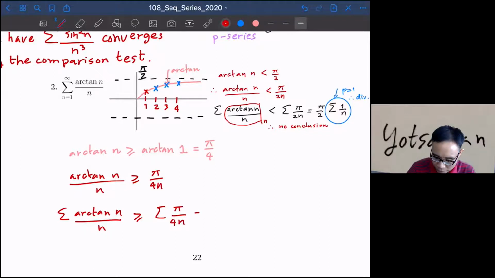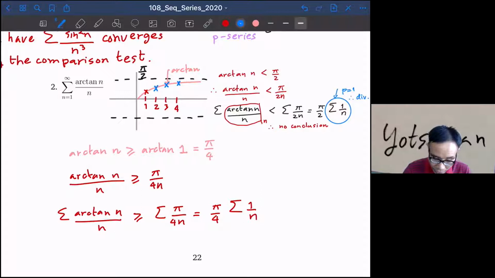So this will be pi over 4 times the series 1 over n. So you see that we reach almost the same, but we have the inequality in the correct direction, or the correct sign, that we like to have.